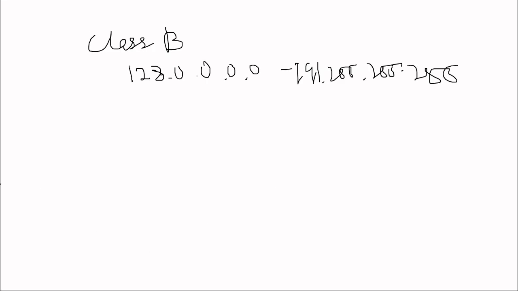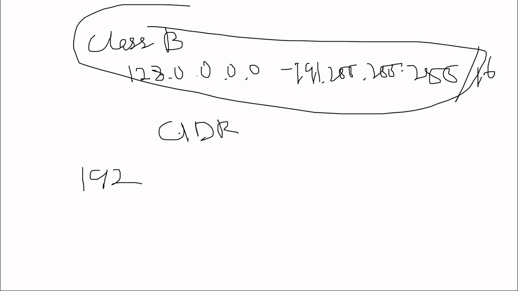Now, when you talk about classless interdomain routing, which is CIDR, what happens here is I can take a class C IP address. A class C IP address starts from 192. I can take a class C IP address like 192. This should be /24 for classful subnetting. So what if I have 192.168.100.0/16?